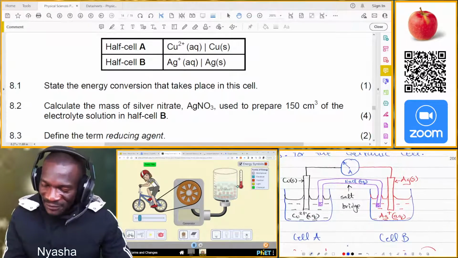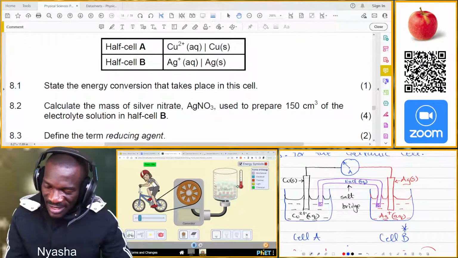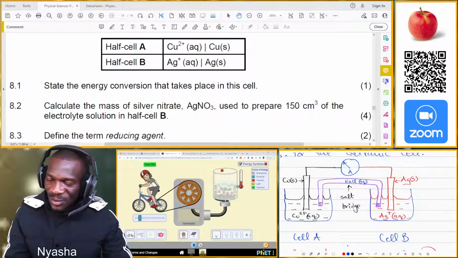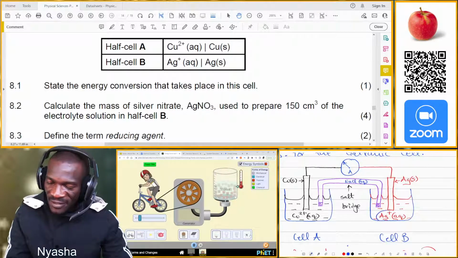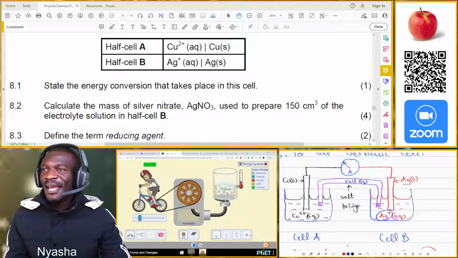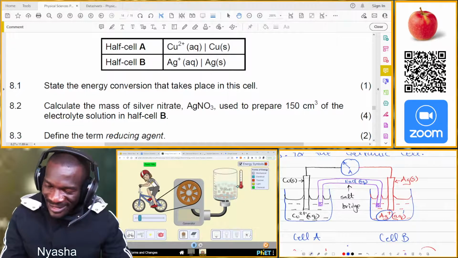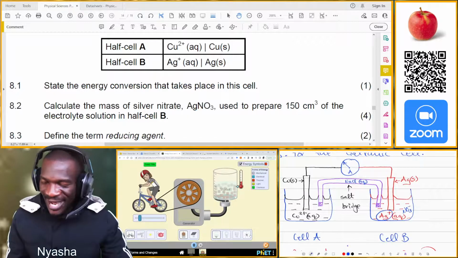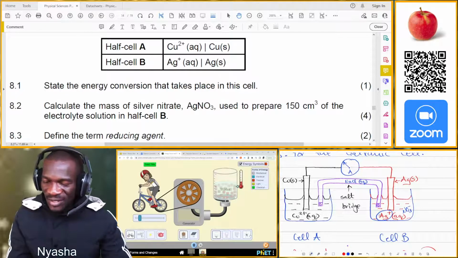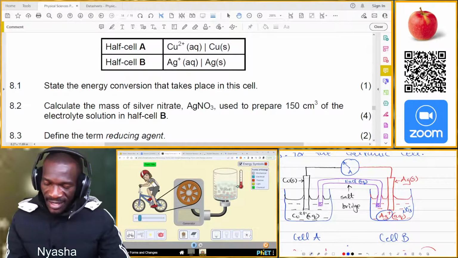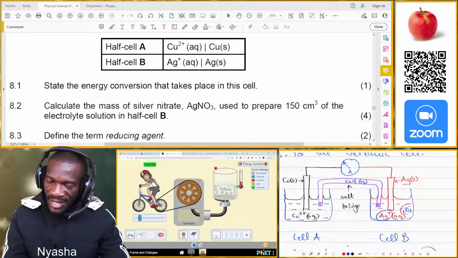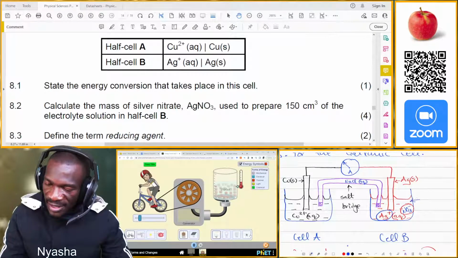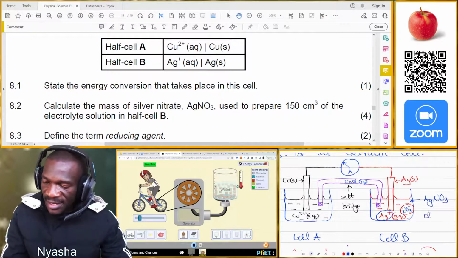In actual fact, in half cell B, the electrolyte solution is made of silver ions and some nitrate ions. So this is what we actually have in this second cell, cell B. So cell B is actually AgNO3, silver nitrate, electrolyte.